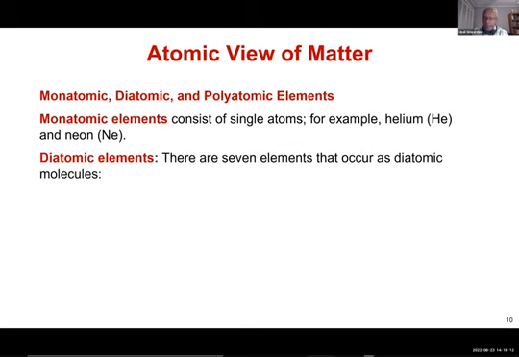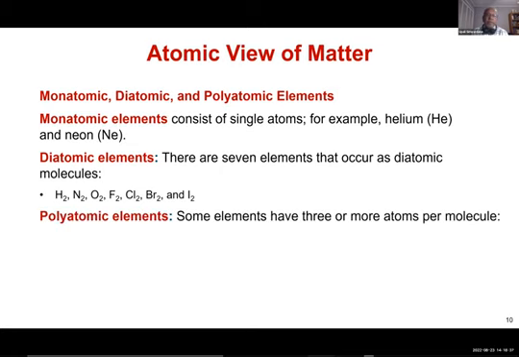Some other elements are diatomic. Examples are these gases. 7 gases exist as diatomic molecules. A molecule is a group of atoms. There are 2 in there, so it's called diatomic. Some elements contain polyatomic molecules.